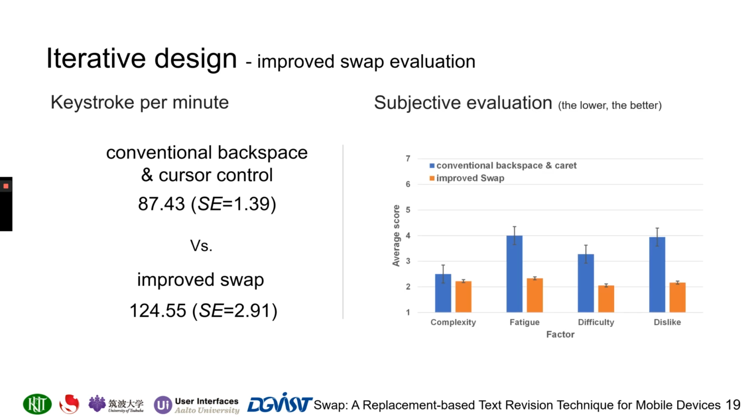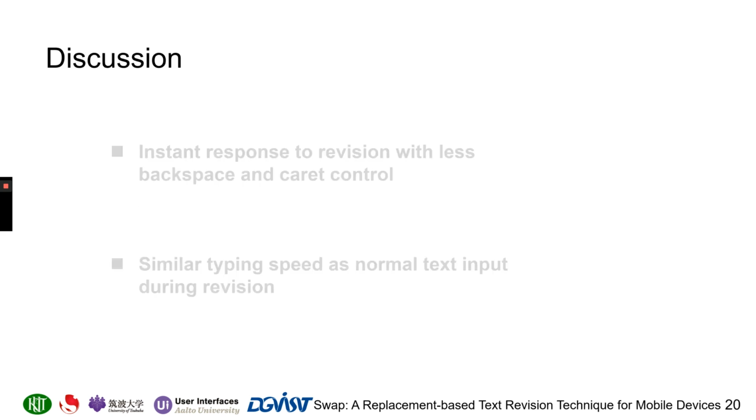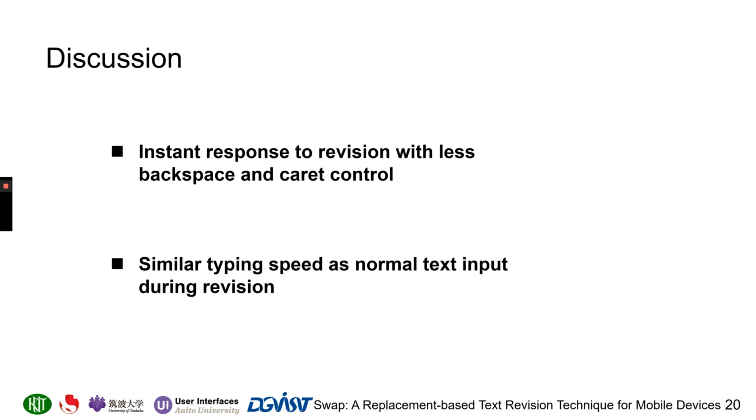We also used a 7-point scale questionnaire to collect users' subjective feedback. Results reveal that Improved Swap was easy to learn and easy to use with less fatigue. Usually, when users find targets to revise, they need to stop their regular typing and switch to the process of using backspace and cursor, and then switch back to regular typing.